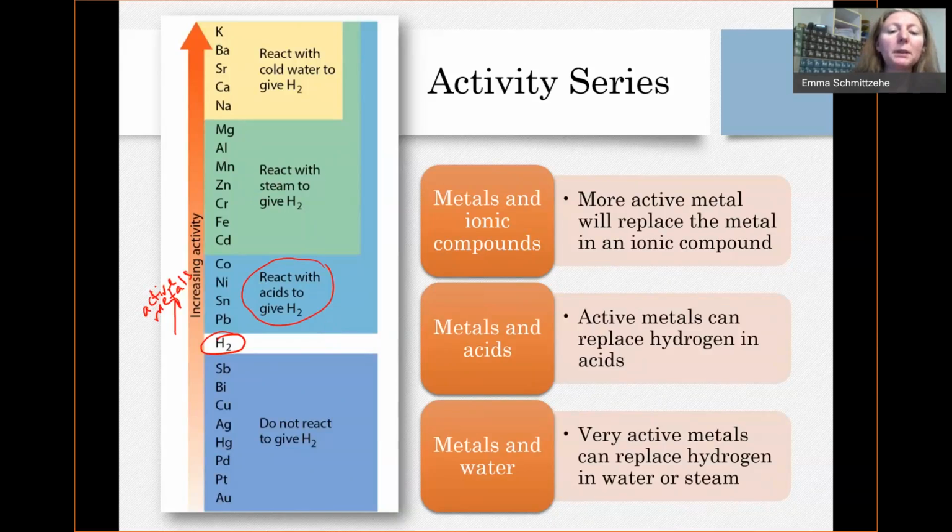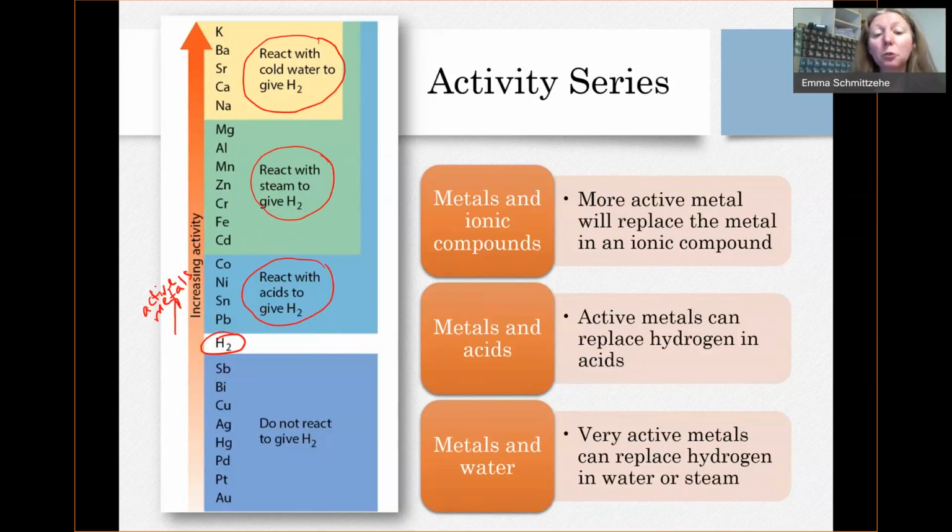But then they've got 2 other segments. They've got reacts with steam to give H2, and then reacts with cold water. Those are the very active metals that are going to react with steam or water, the things much higher on the list.